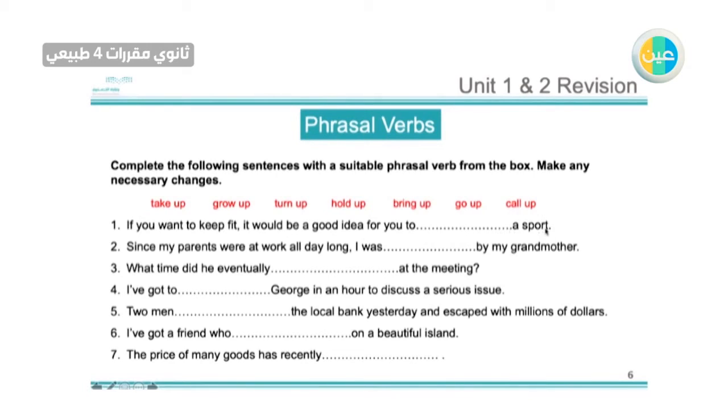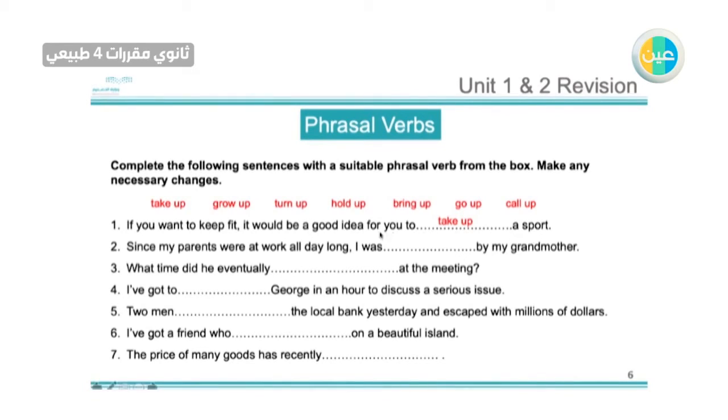So we need him to get involved in sport and to love one of the sports. What do you think the answer is? One of these words that means to get involved or interested in something, which is exactly, it is take up. So if you want to keep fit, it would be a good idea for you to take up a sport.